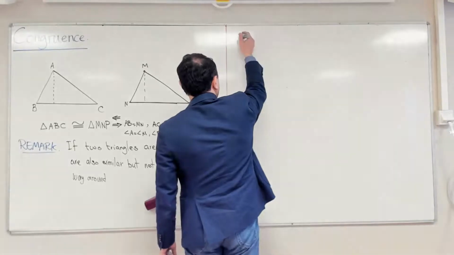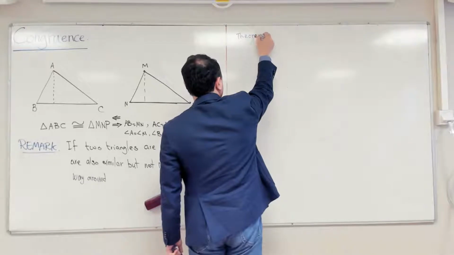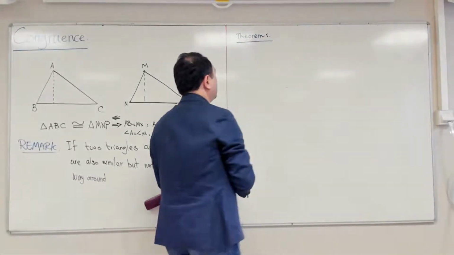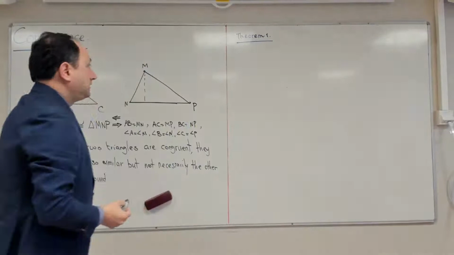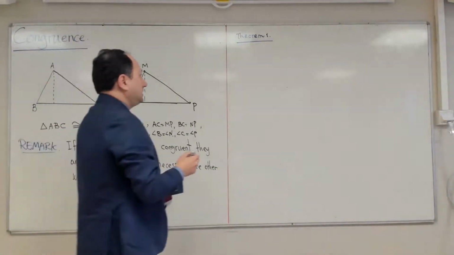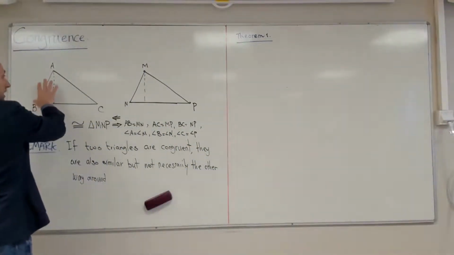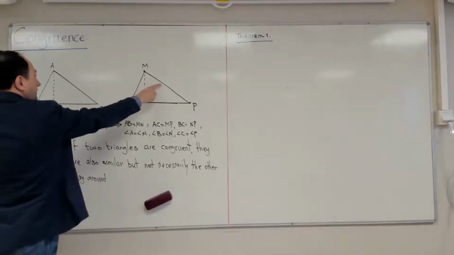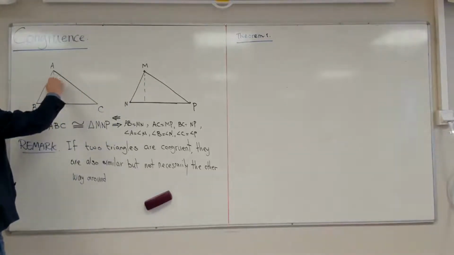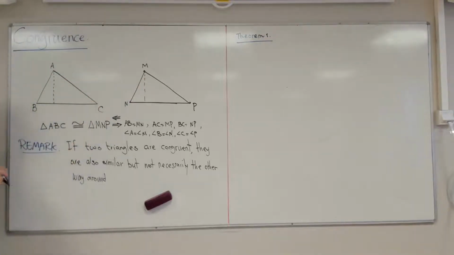So we have 3 theorems, or statements. So theorem 1. The first thing is telling you that if you have 2 sides from one triangle equal to 2 sides of the other triangle, and the angle between those 2 sides is also equal to the angle between the corresponding sides of the other triangle, these 2 triangles are congruent.